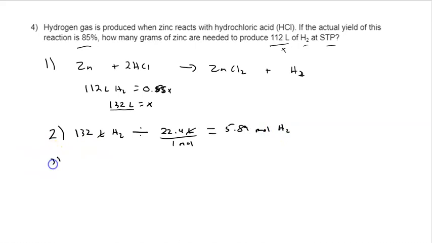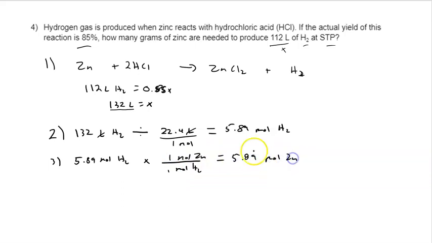All right, step 3, I'm going to multiply by my mole ratio. Times moles of hydrogen, moles of zinc, right? And it is a 1-to-1 ratio, so I'm just going to get the same answer, 5.89 moles of zinc. And step 4, I'm going to convert to my desired units.